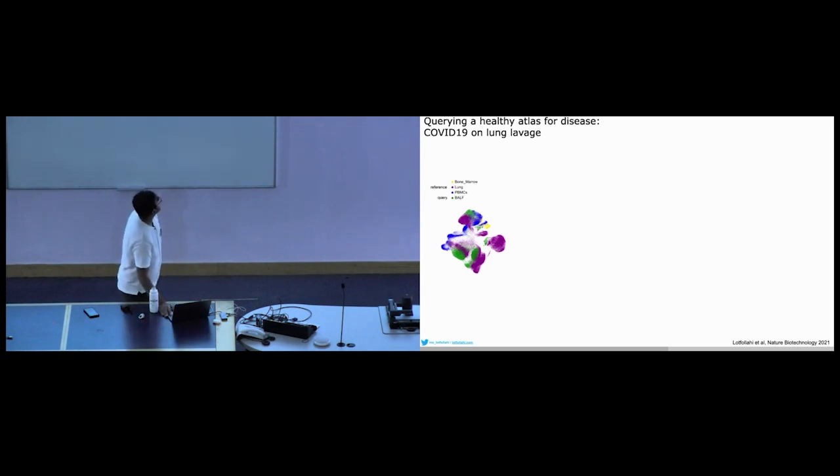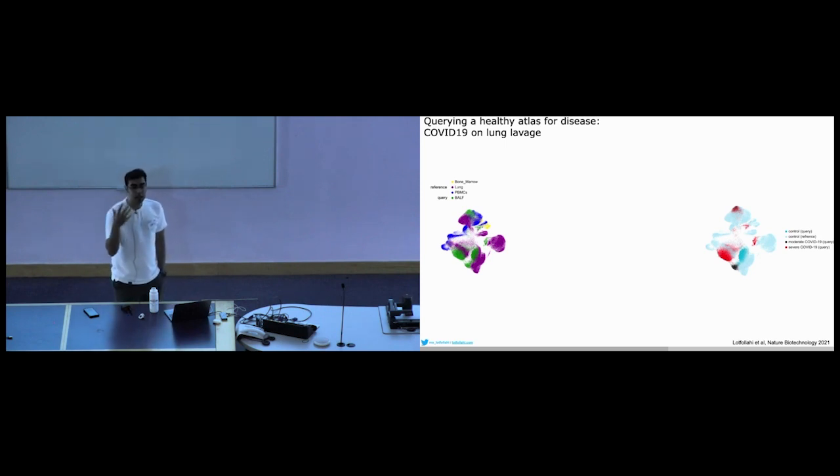And then we mapped a query data set. So this is a lavage data set. It's like a proxy for obtaining lung cells without really dissecting the lung. And then we mapped this data set on top of this healthy reference. And in this data set, we had data from 14 different patients.